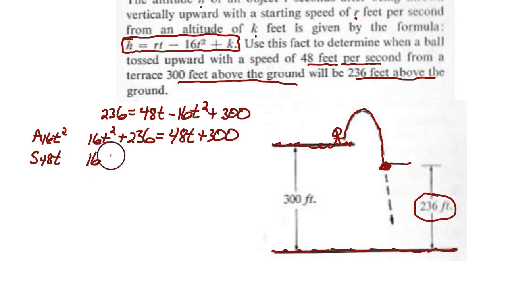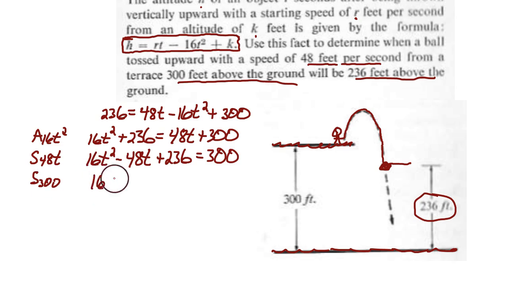We have 16t squared minus 48t plus 236 equals 300. Next step, subtract 300. 16t squared minus 48t minus 64 equals 0. We've accomplished step 1. We have a polynomial on the left side and 0 on the right side.